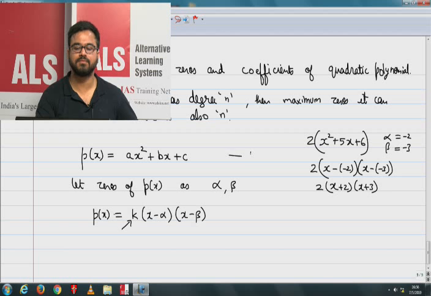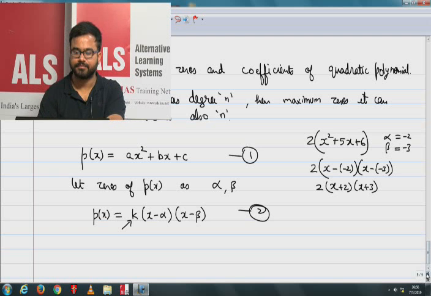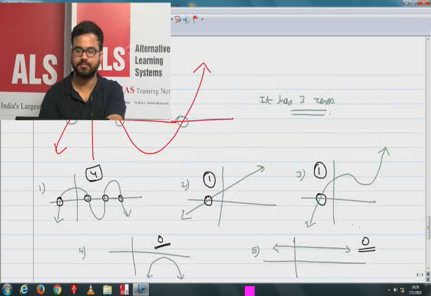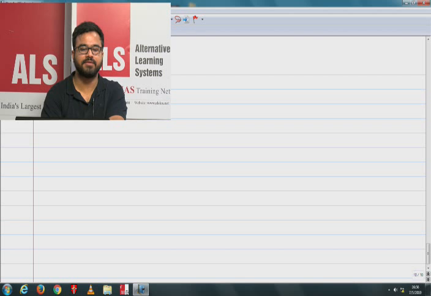Now, from this first and this second, both are equal to p(x). So we will equate the right hand side of both of them. We will write like this: on the left hand side we will write ax square plus bx plus c. On the right hand side we will write k times (x minus alpha) into (x minus beta).